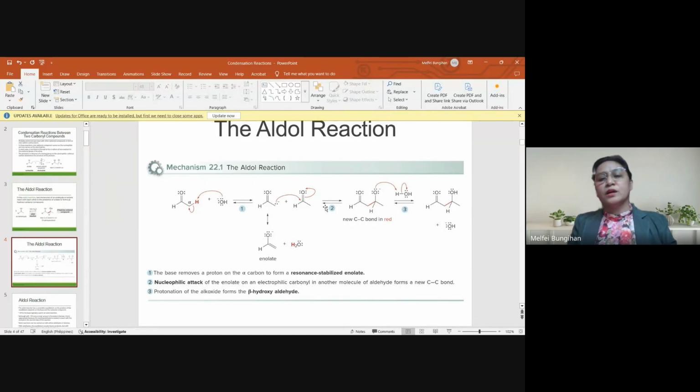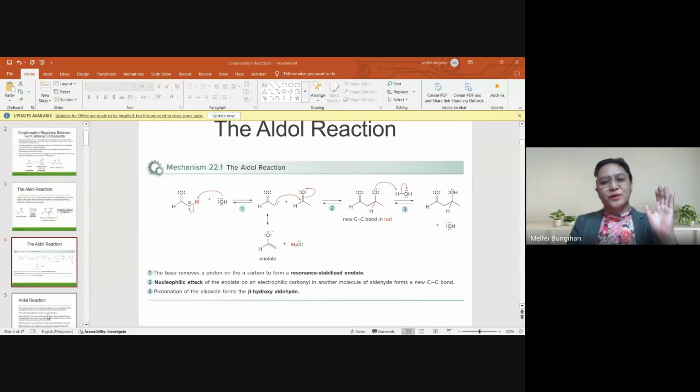And then after that, there's a new CC bond, and then the alkoxide here in your beta position becomes protonated, and then you will form your beta hydroxy aldehyde. So basically, that is for aldol.